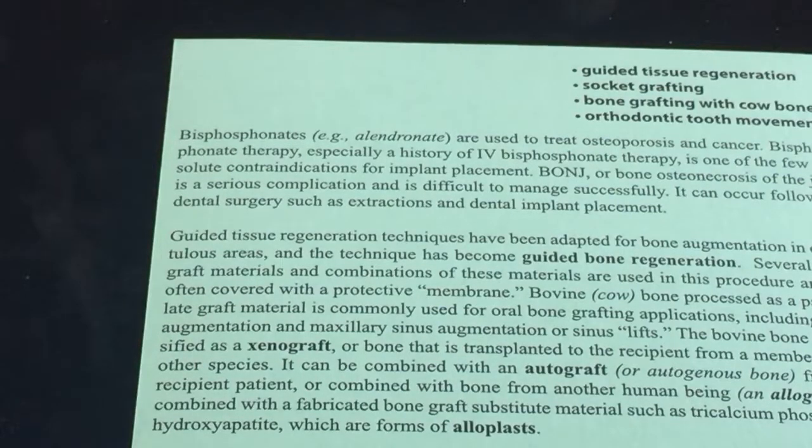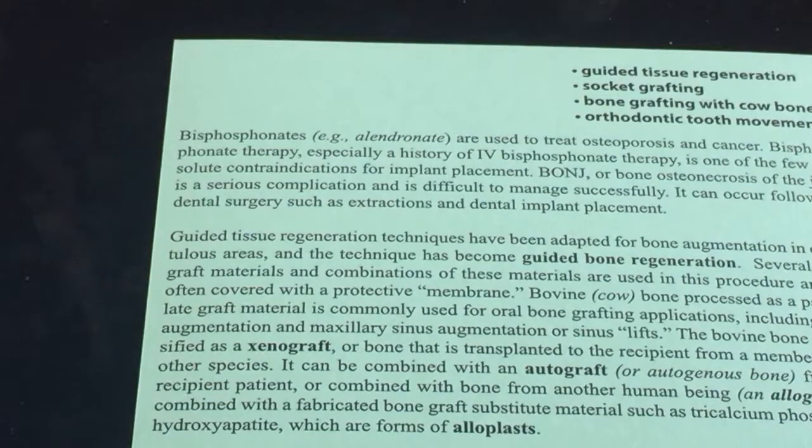Bovine bone, processed as a particulate graft material, is commonly used for oral bone grafting applications, including ridge augmentation and maxillary sinus augmentation or sinus lifts. The bovine bone is classified as a xenograft, or bone that is transplanted to the recipient from a member of another species.